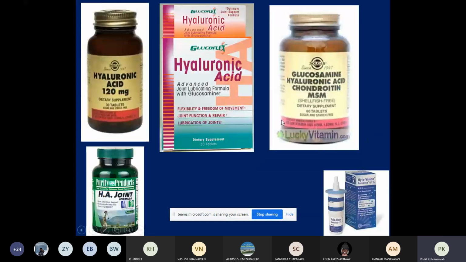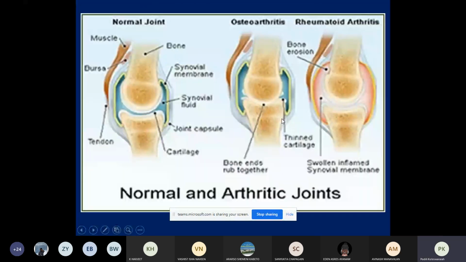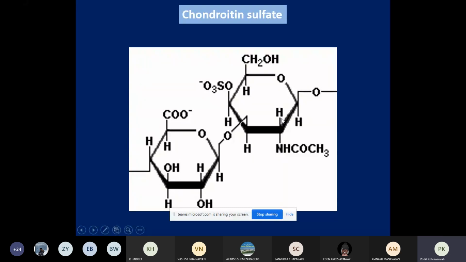Now coming to chondroitin sulfate. In Greek, chondros means cartilage. That means it is mainly present in the cartilage and also the tendons, ligaments, and walls of the aorta.